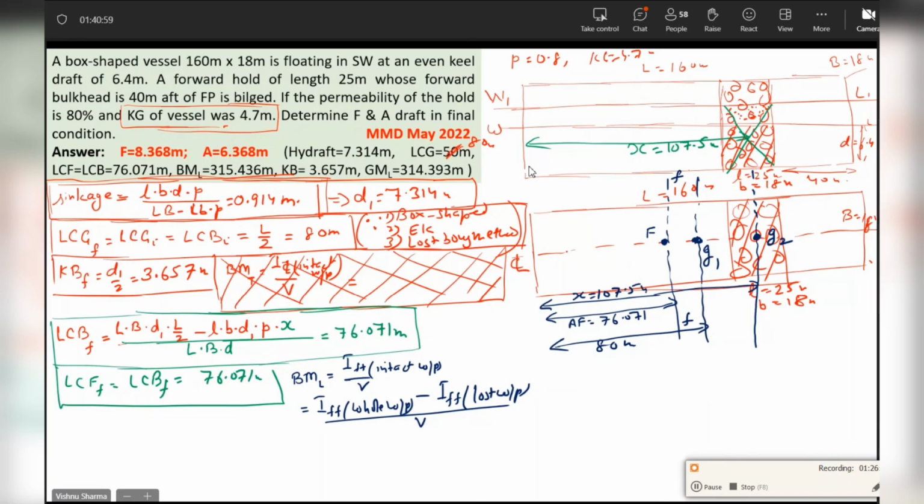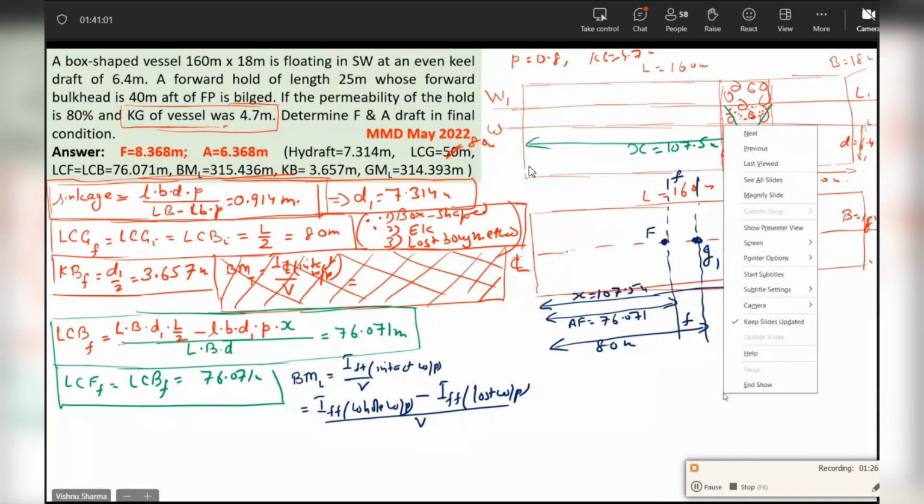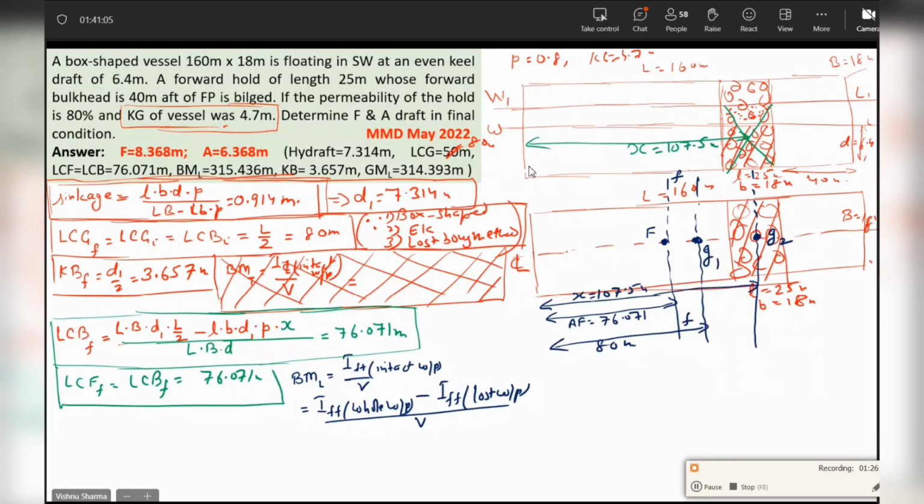Now with these distances marked, I am good to mark the distances x1 and x2. Let us say I call this distance x1, which is between FF and G. I call the axis YY. FF and YY, I call it x1. And this is 80 minus this.